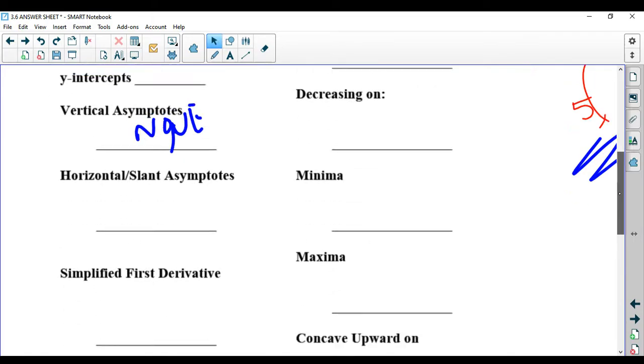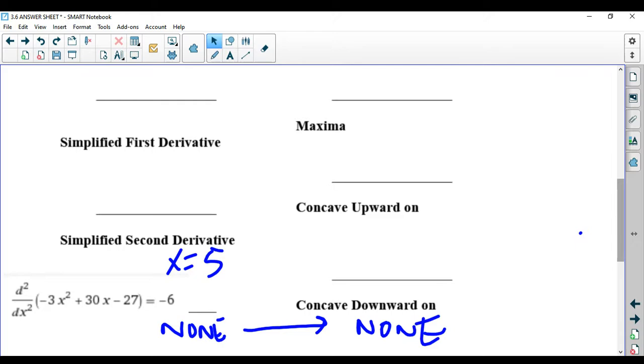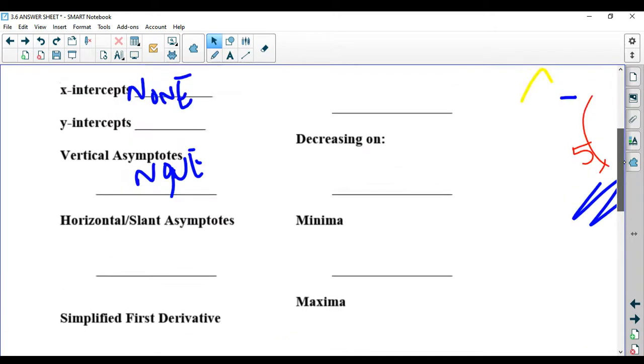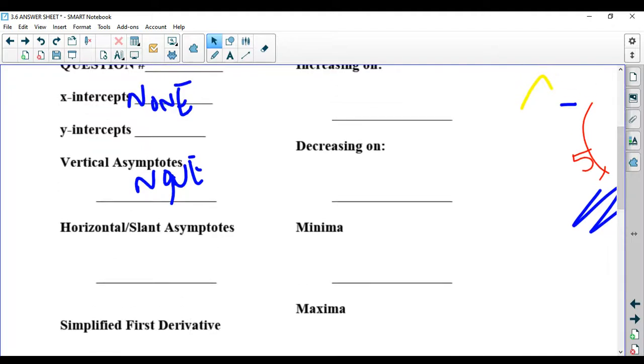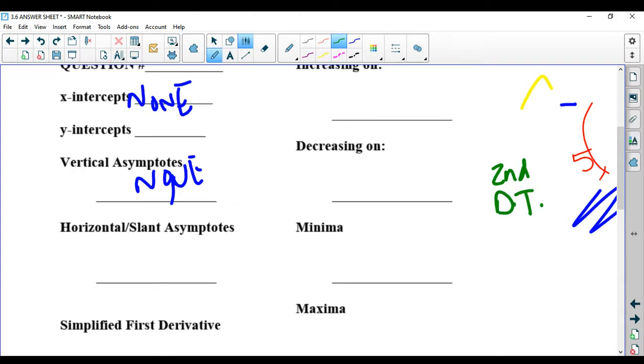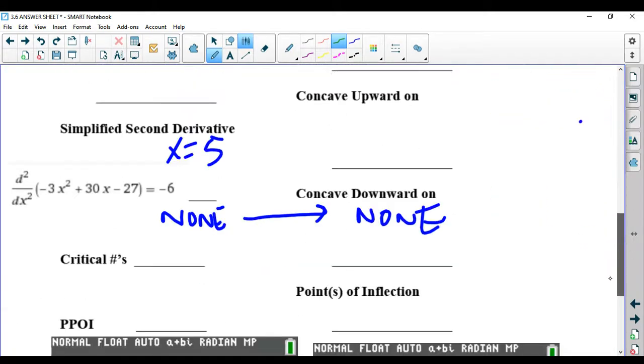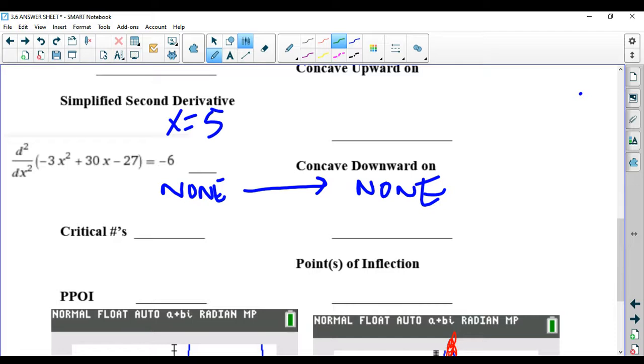Remember, the second derivative test is you take your critical numbers, which we found to be x equals 5, and plug them into the second derivative. Now, the second derivative, if you recall, is just equal to negative 6.